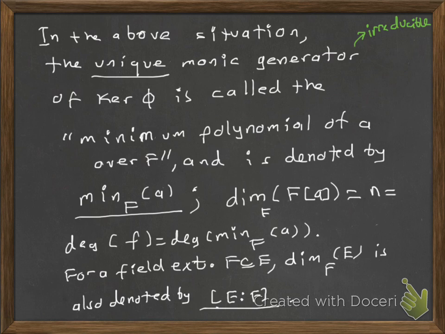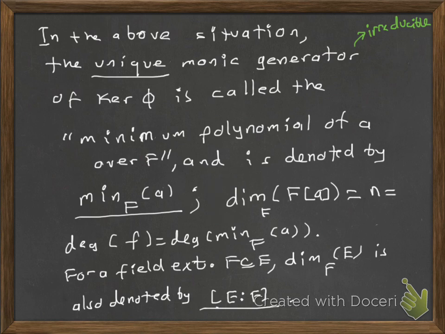So we will call that monic generator the minimum polynomial of a over F, and it's denoted like this. And we've just verified that its degree is equal to the dimension of F[a] as a vector space. So we have verified this equality.